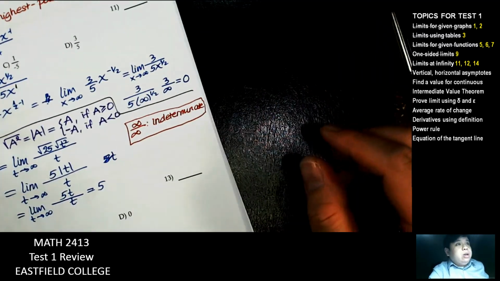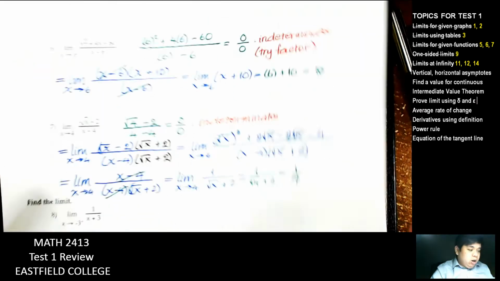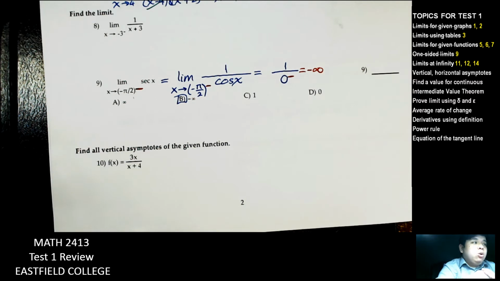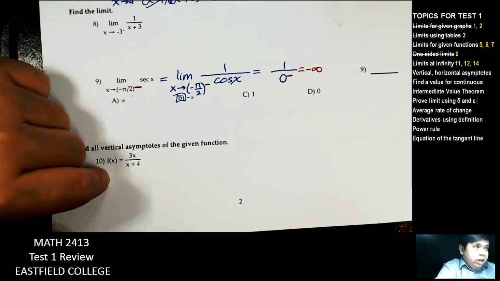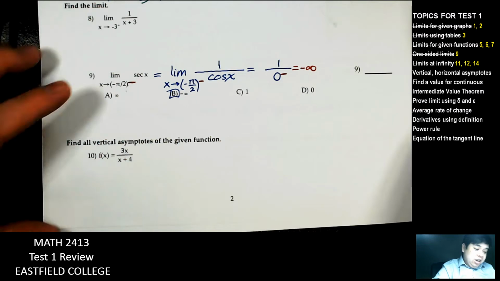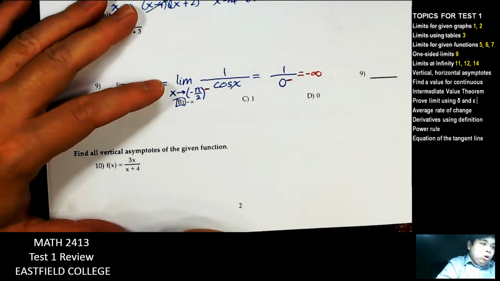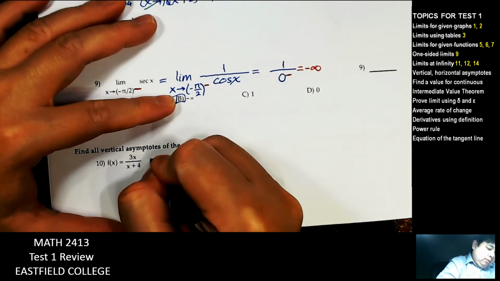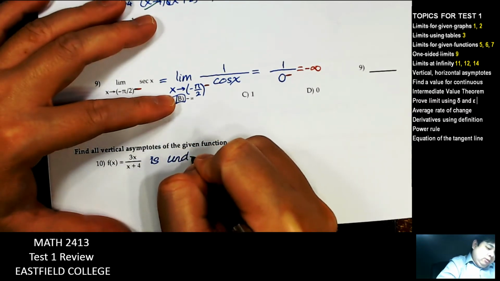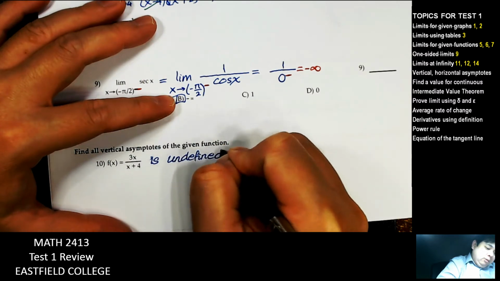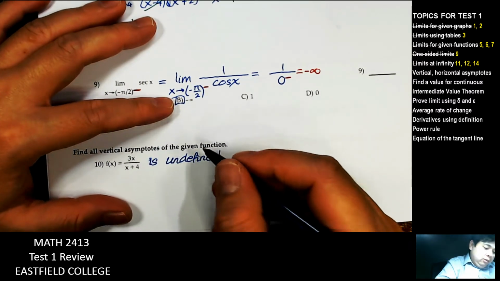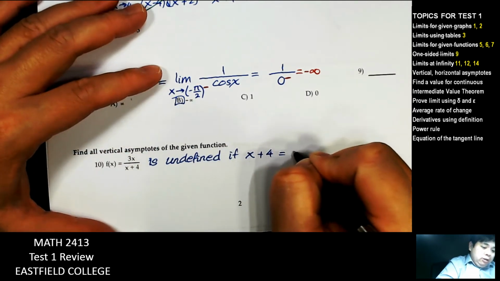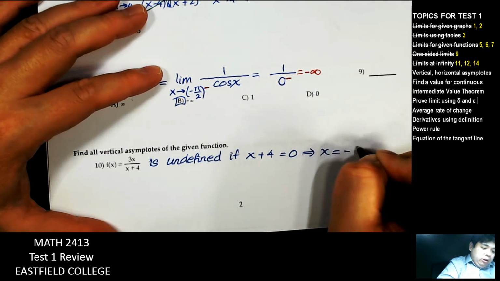Vertical asymptotes and horizontal asymptotes. For this function to have a vertical asymptote, the function has to be discontinuous, meaning that it is undefined when the bottom equals 0. So we write, if the bottom equals 0, we have x equal to -4.